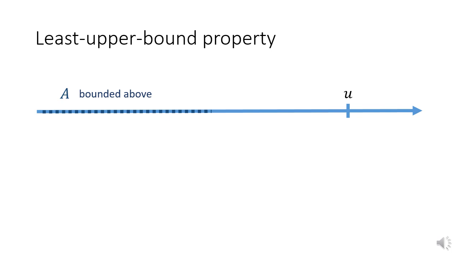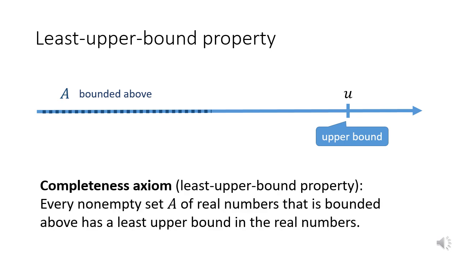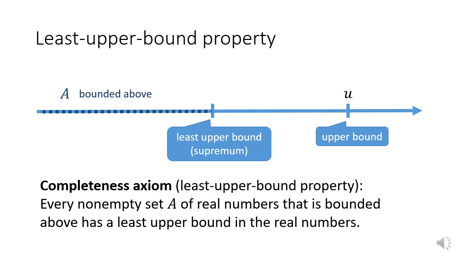Such a number is called an upper bound of A. The least upper bound property, which we postulate as the completeness axiom, states that every non-empty set A of real numbers that is bounded above has a least upper bound in the real numbers. This number is also called the supremum of A. Note that the supremum of A may or may not be a member of A.